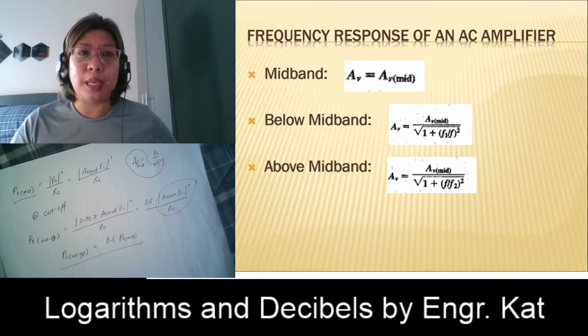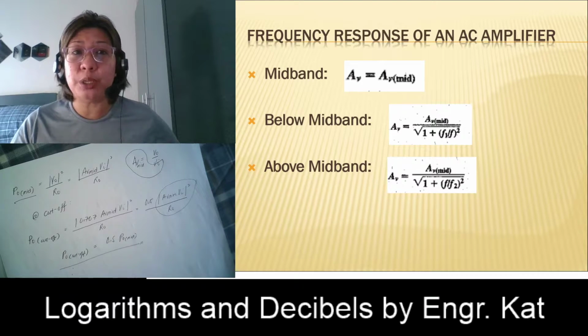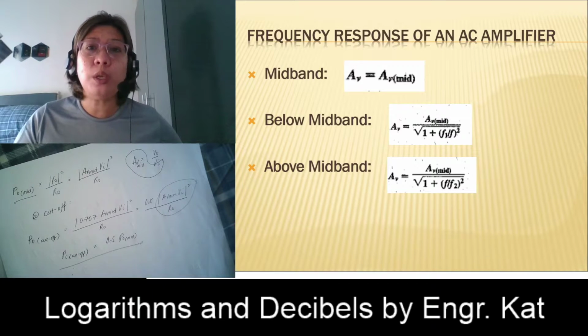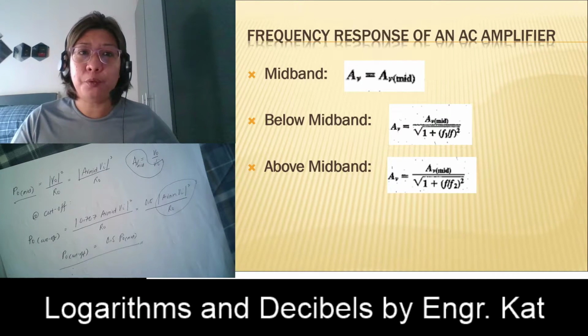The same is true with this. If we have an F which is much, much greater than your upper cutoff frequency, again, this will give us a value which is greater than 1, which will give us a denominator which is greater than 1, and which can decrease the value of your voltage gain.